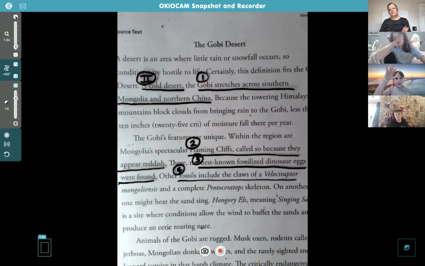Or maybe trees on the top, and then eyes and reddish. No, flame, cliff, and then we draw a cliff because it appears reddish or something like that.